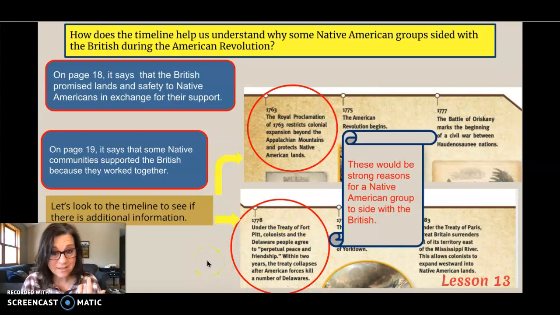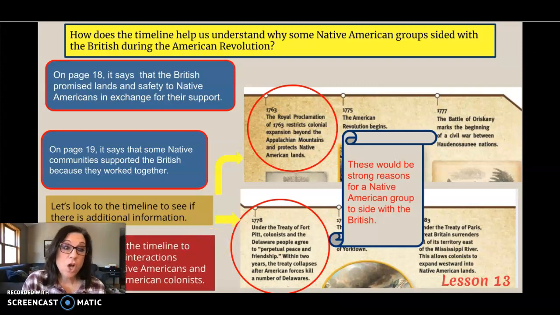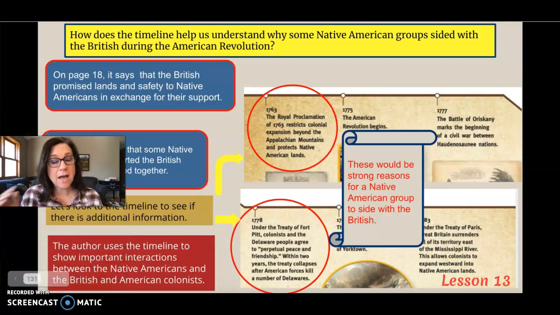The colonists and the Delaware people, who are the Native American group, agreed to perpetual peace and friendship, but then that treaty collapsed and American forces killed a lot of the Delawares. So the author uses the timeline to show important interactions between the Native Americans and the British and American colonists.